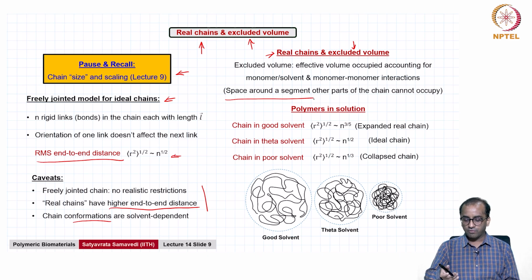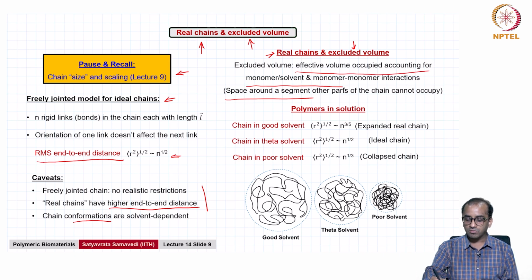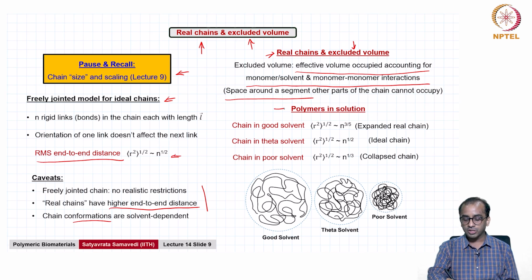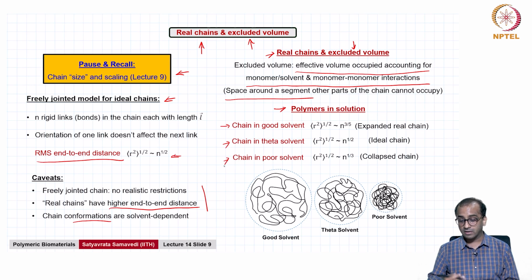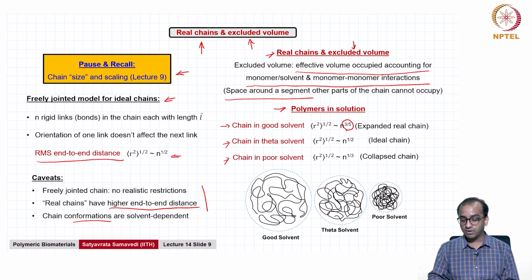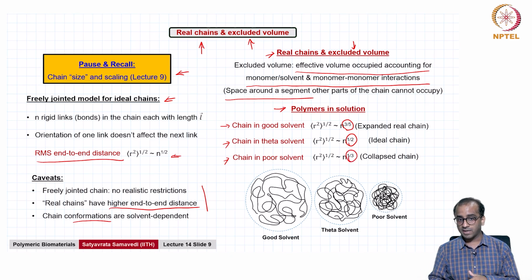And more formally, it is the effective volume occupied by the polymer, which accounts for both monomer-solvent and monomer-monomer interactions. So, when you have polymers in solution, you end up getting these three scenarios as we saw on the previous slide, where the scalings change, going from 0.6 for an expanded real chain in a good solvent, to 0.5 for an ideal chain or a theta solvent at the theta temperature, or 0.33 for a collapsed chain in a poor solvent.